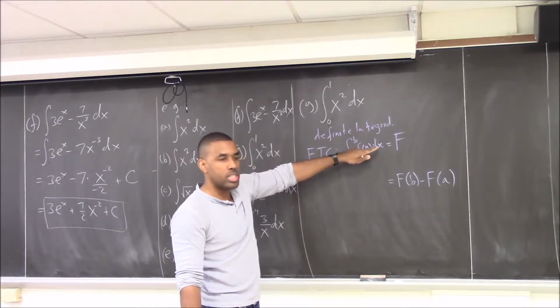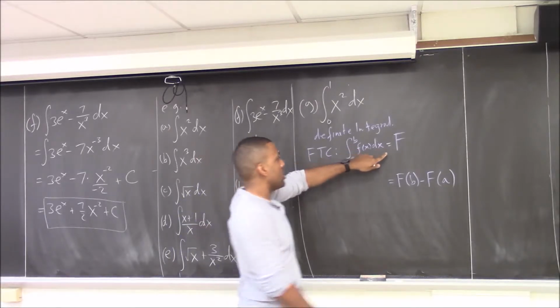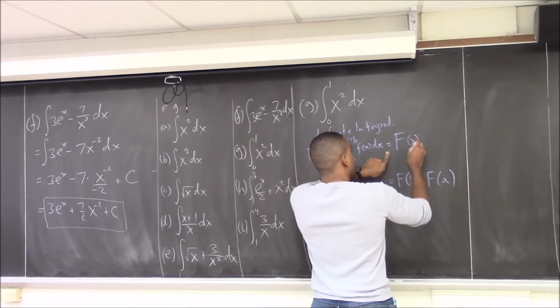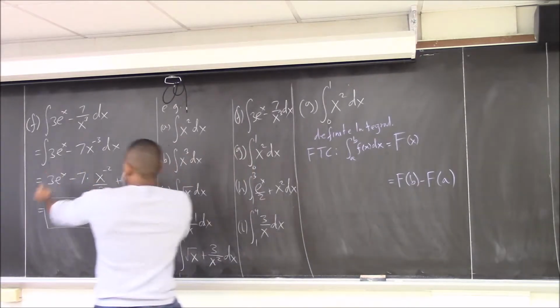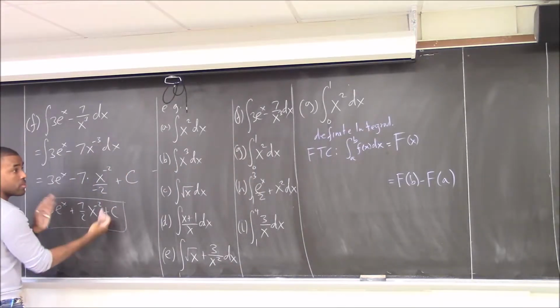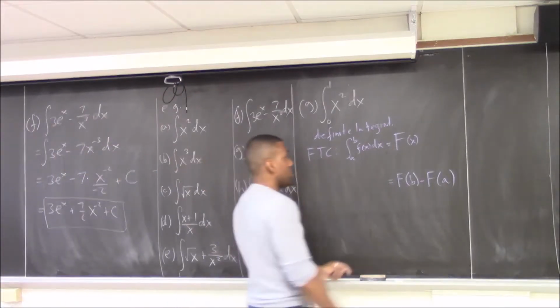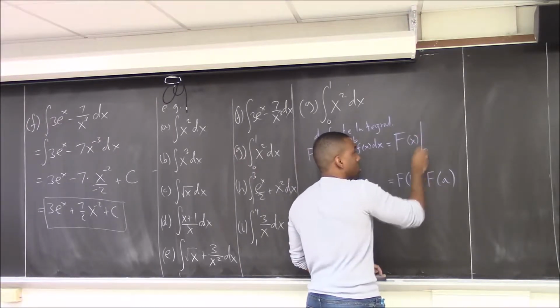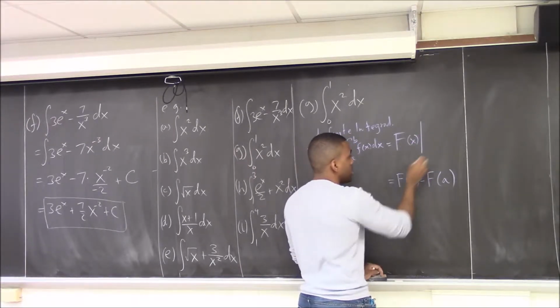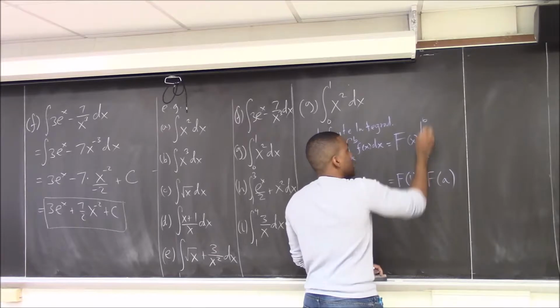Notation-wise, there's an intermediate step that we customarily take here. We find the antiderivative in the same way that we've been doing this whole time. So this would be your big F of x. And we draw a long straight bar on the right side, put an a down here and a b here.